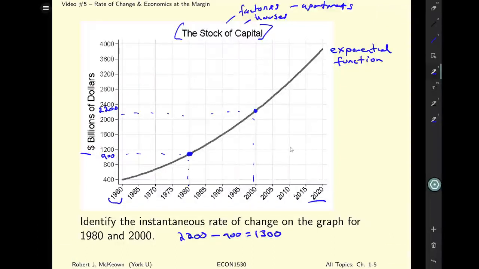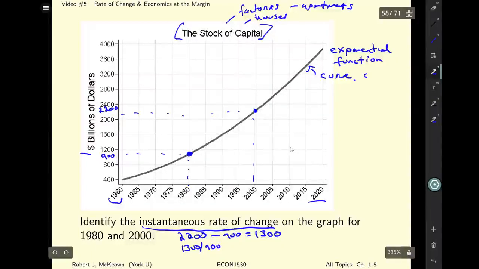And the relative change is going to be 1300 over 900. But we're not really interested in that. The question also asked us about the instantaneous rate of change. And you can see that this is a curve.